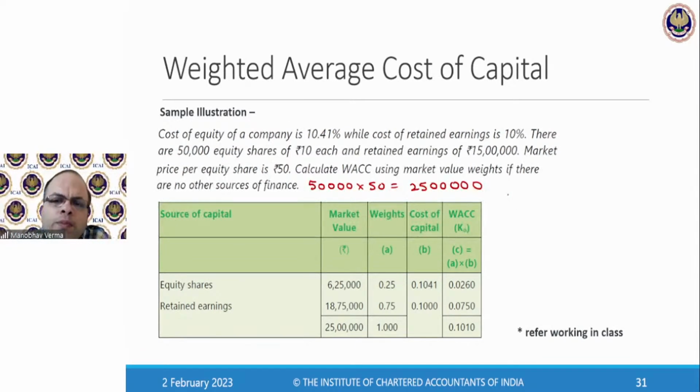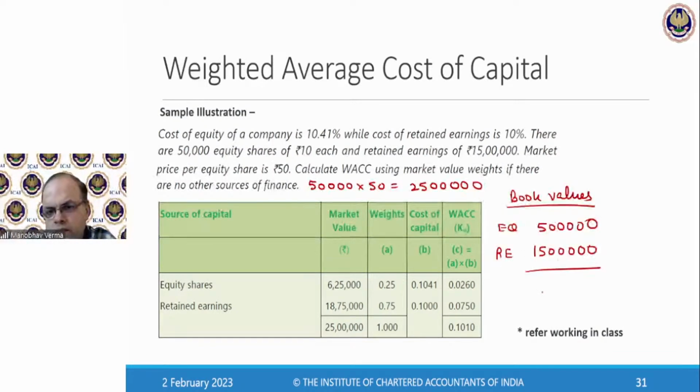From the book value perspective, we have equity of 5 lakhs and retained earnings of 15 lakhs. That means what is my ratio? 1:3. So the market value can accordingly be split.